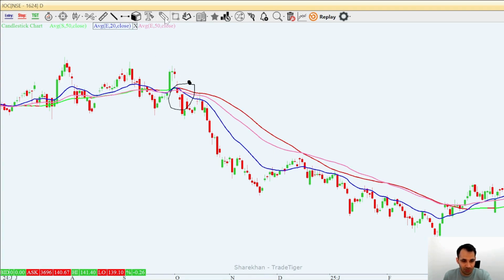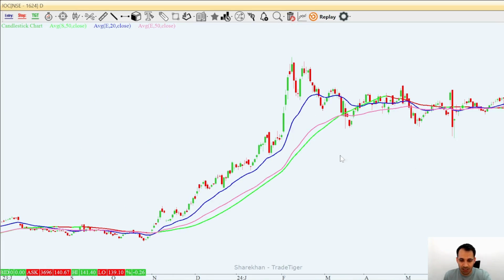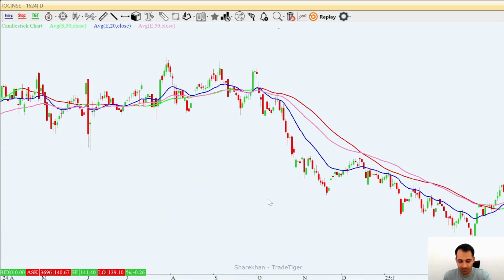So here again you can see the price moved from here until here, and in absolute numbers the price came down by almost 35%. So you can use this crossover strategy, where you have a golden crossover here and a death crossover here. So this is one of the strategies.